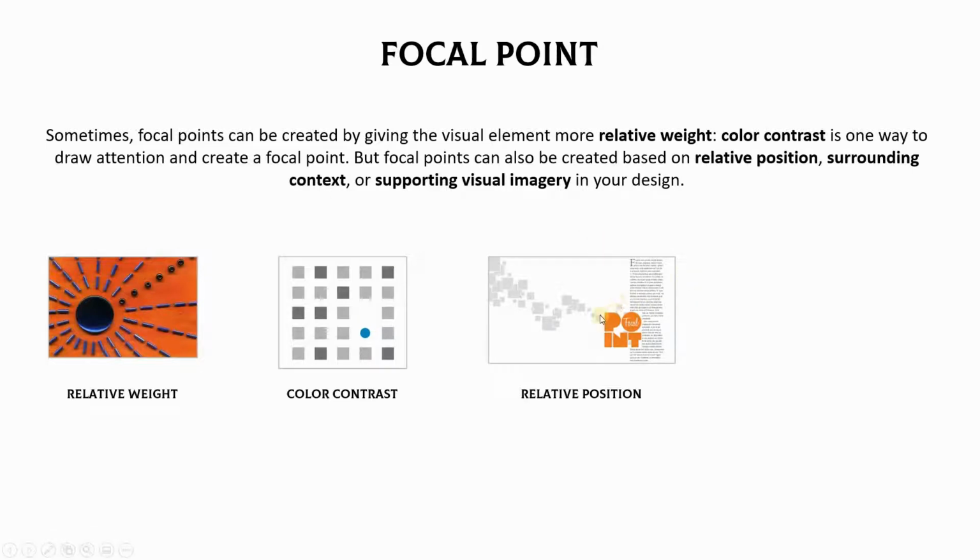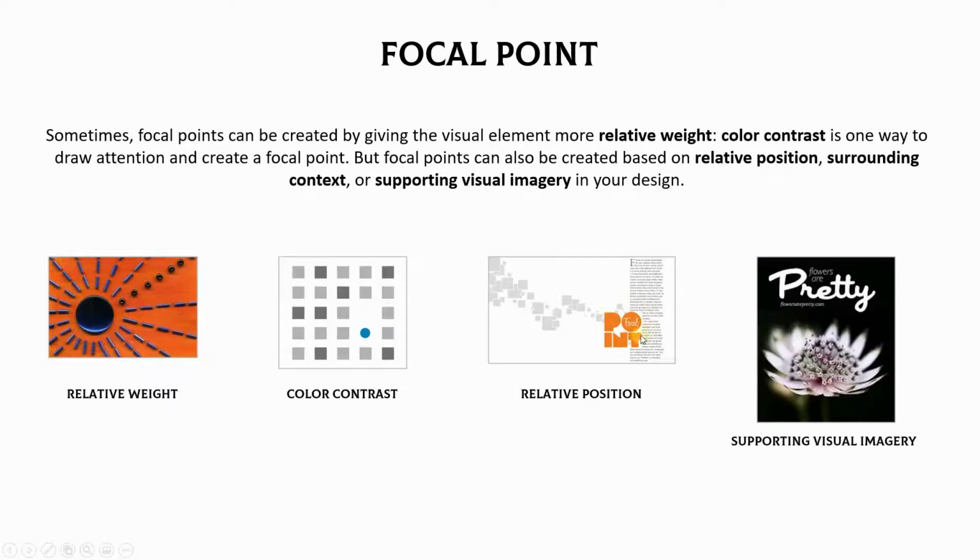Relative position. The position of this thing, the position and the color and the weightage, everything, my focus is going directly towards this position. And then there is the supporting visual imagery. It says flowers are pretty.